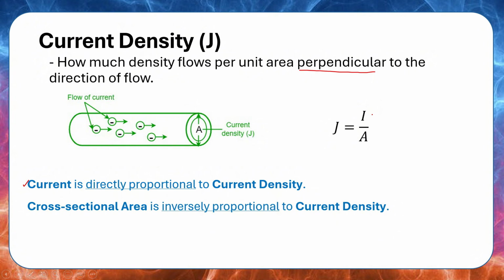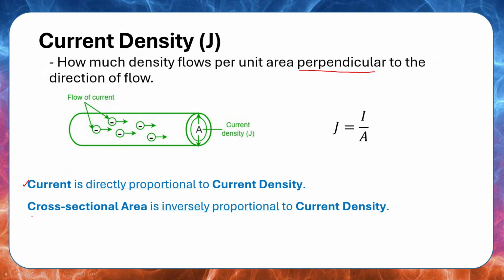The lesser current that you have, the lesser current density that you will get as well, as long as all other factors are constant, especially the cross-sectional area is not changing. If we're comparing these two, the other variables must not be changing. We're talking about the cross-sectional area.